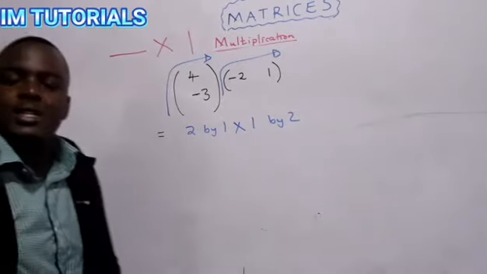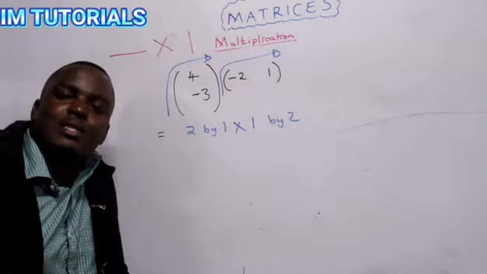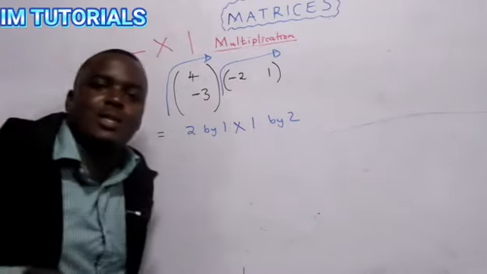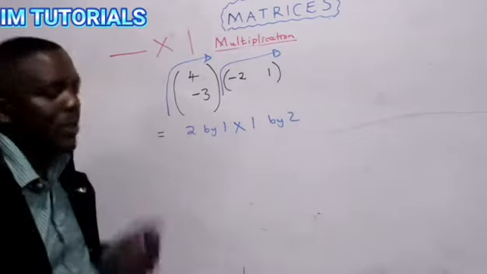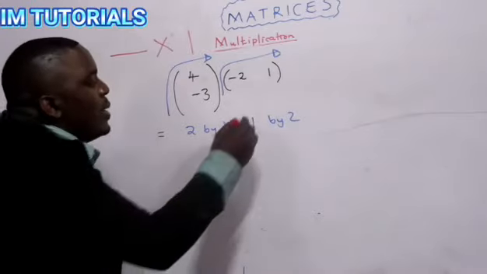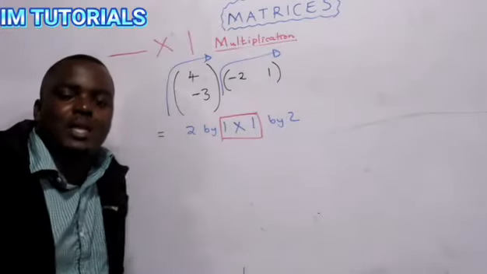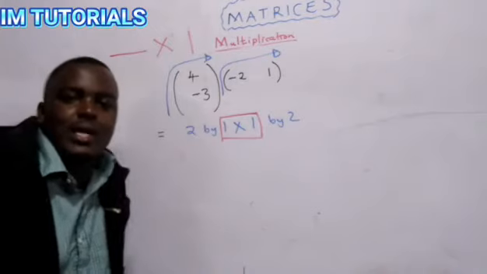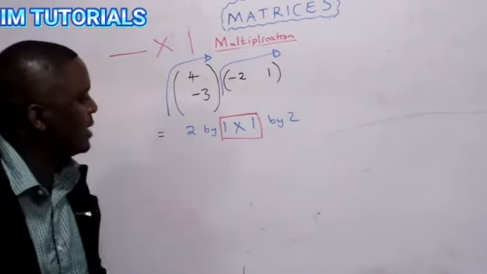Right, so is it possible to multiply or is it impossible? It is very possible. Why? Because it is satisfying a certain condition that we look for before we multiply. And what is the condition? We must have identical numbers in between. 1 and 1 are similar to each other, showing the possibility of multiplication.